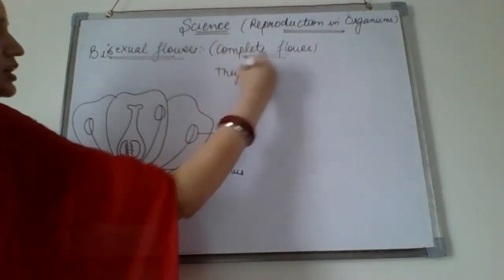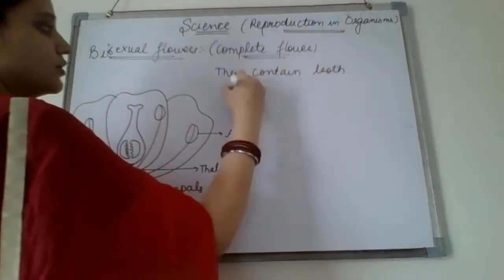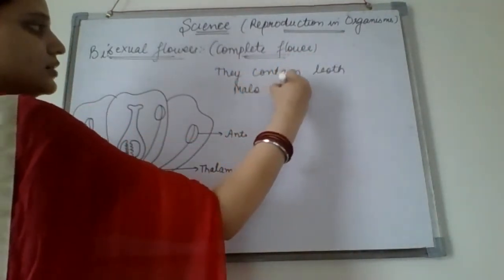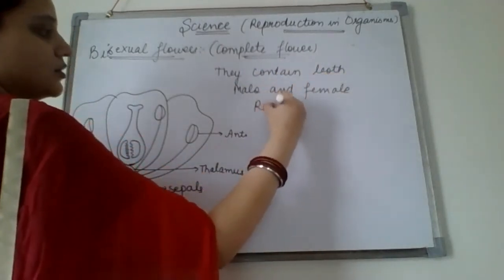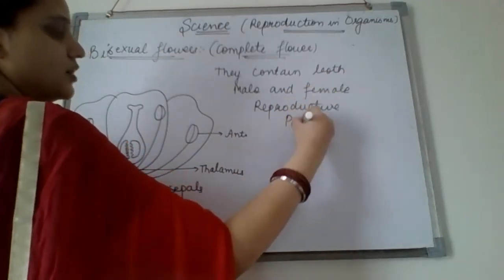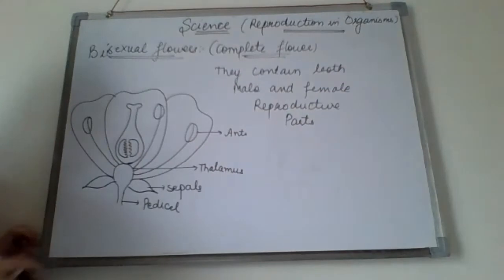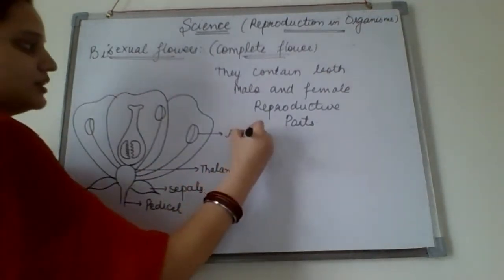So they contain both male and female reproductive parts. Okay, so such flowers we call bisexual flowers or complete flowers. Complete in the sense that they are bearing the male part and the female part also.